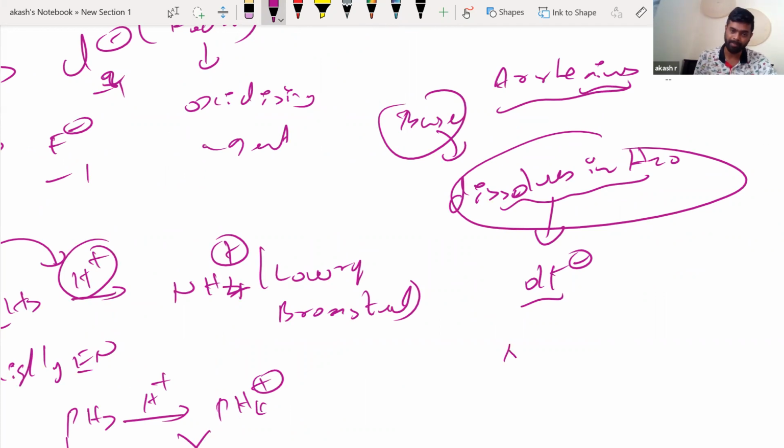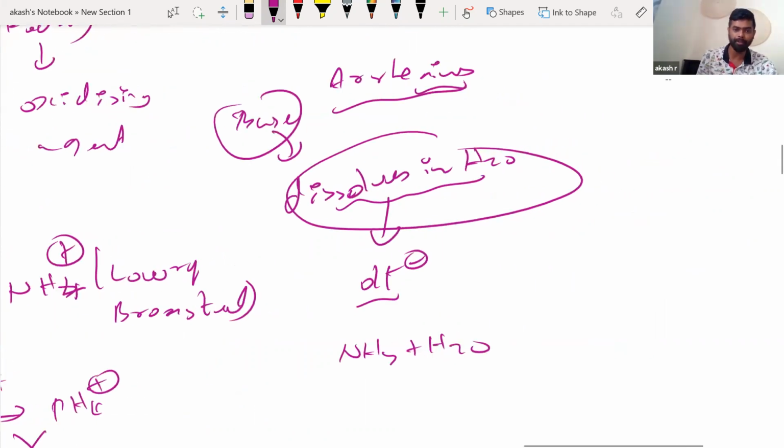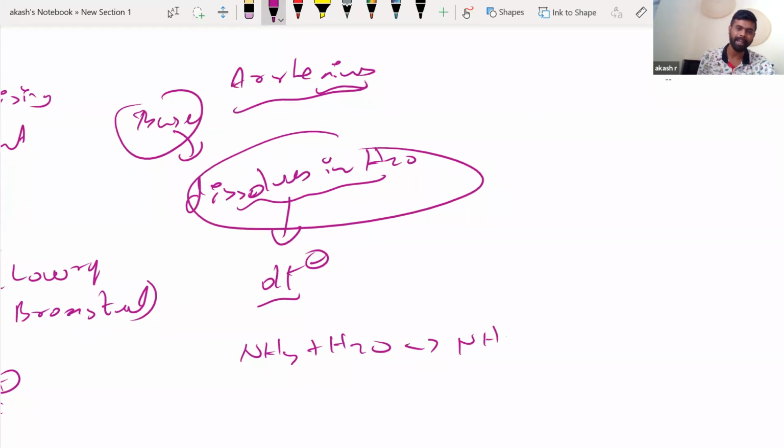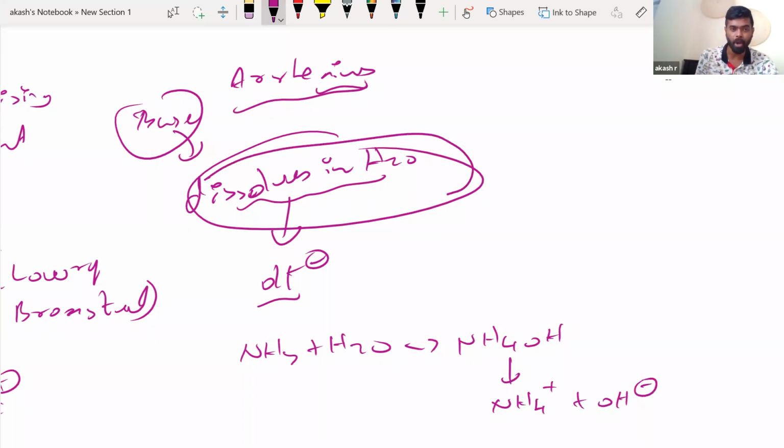Now look at this NH3. If I try to dissolve it in water, what will form is NH4OH, and obviously this will dissociate to form NH4 plus and OH minus. This is the property I'm talking about.